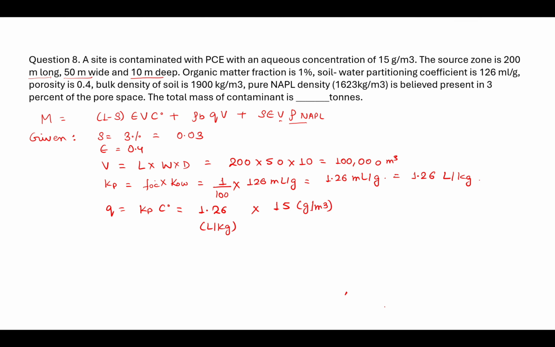To convert the meter cube into liters, we will divide by 1000, and to convert the grams into kg, we will again divide by 1000. So now this will be kg per liter.